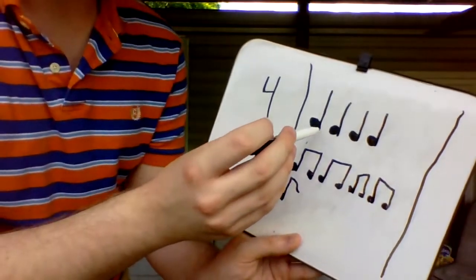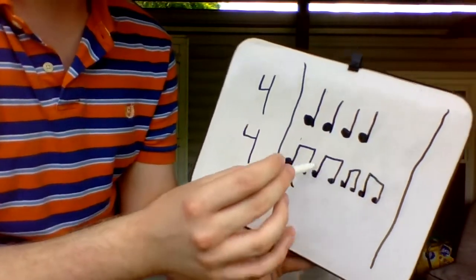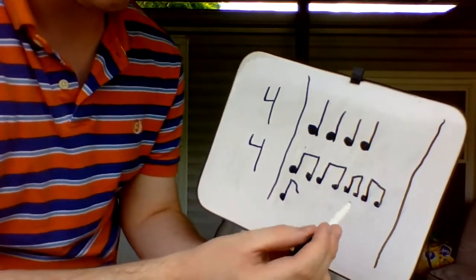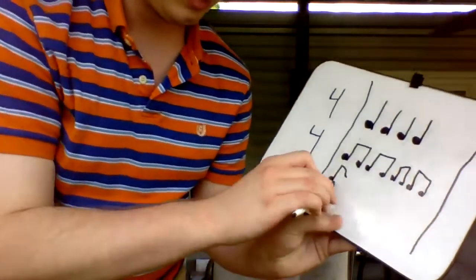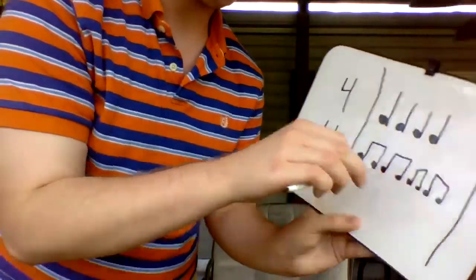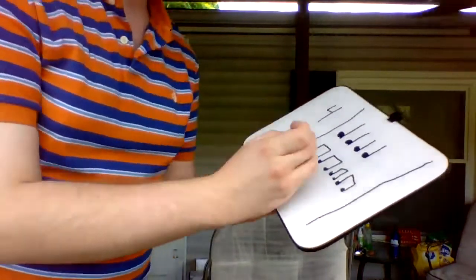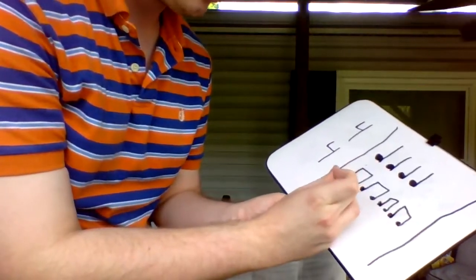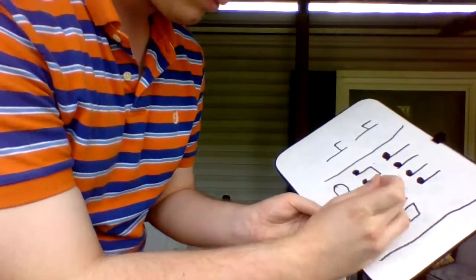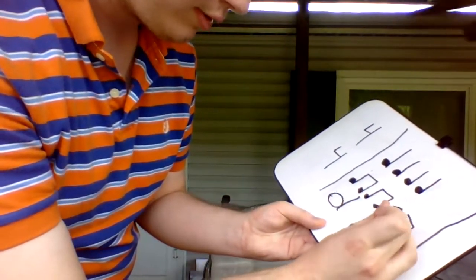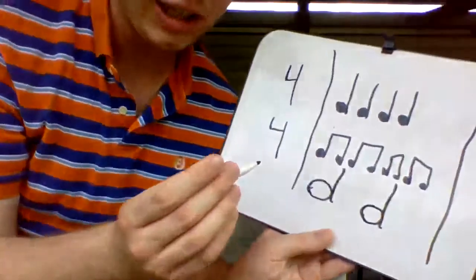So it takes 4 quarter notes to fill up the measure, but it takes 8 eighth notes to fill up the measure. We can also take the measure up in two notes. These are called half notes. It basically looks like a quarter note, but it's hollow.